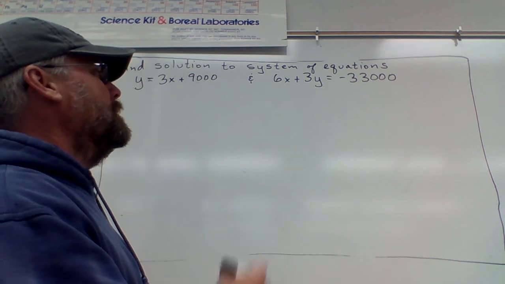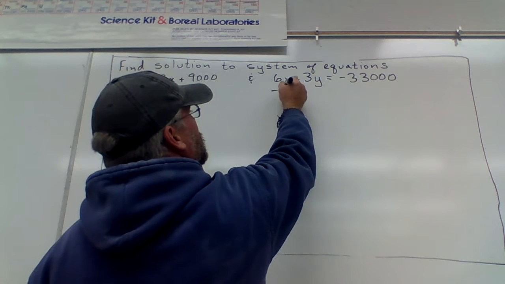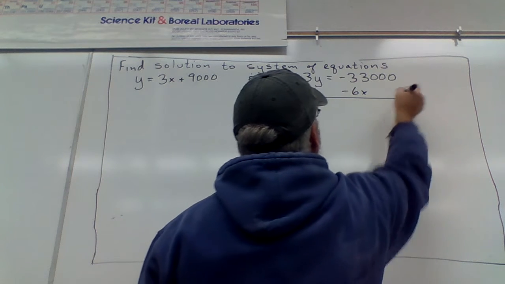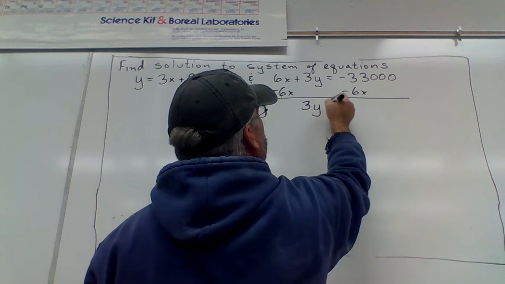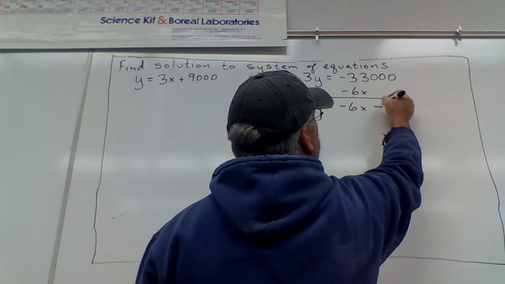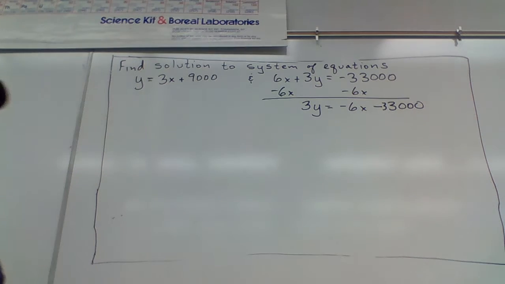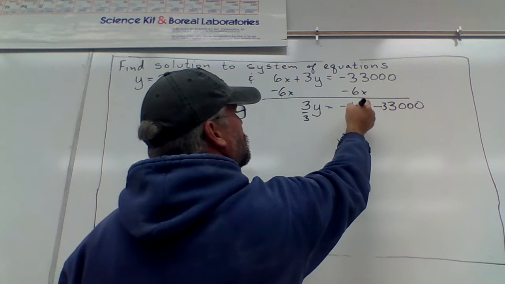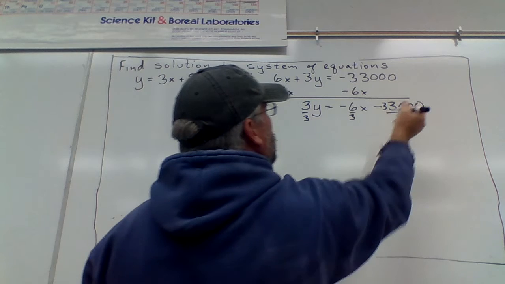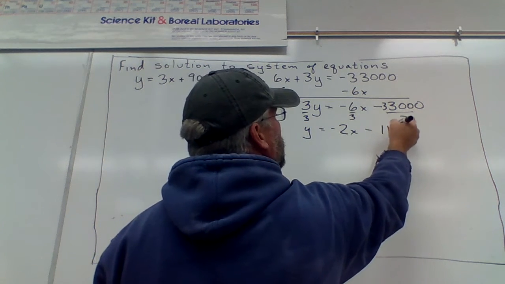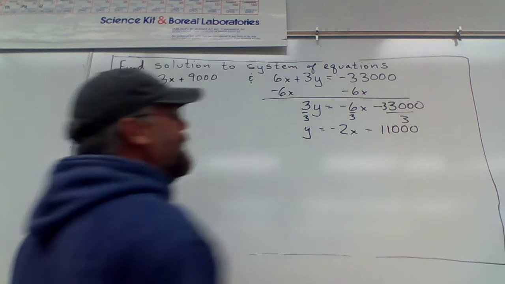So basically, we want to remove 6x here, remove 6x there. What I end up with is 3y equals negative 6x minus 33,000. From there, I'm going to divide off 3, and that's going to give me y equals negative 2x minus 11,000.